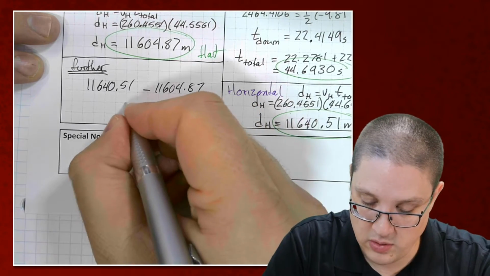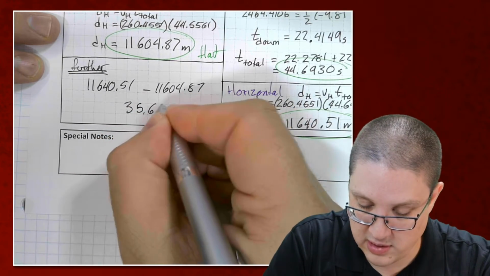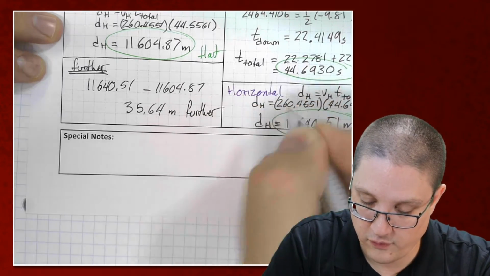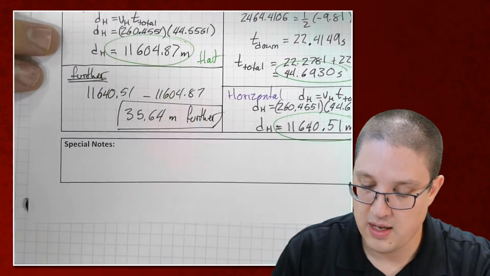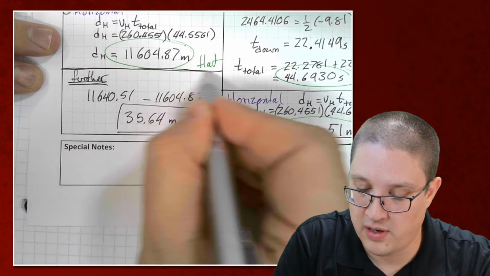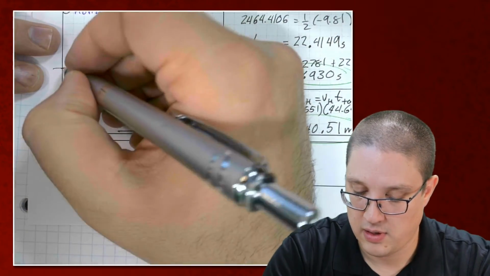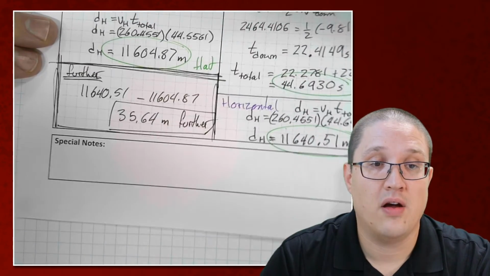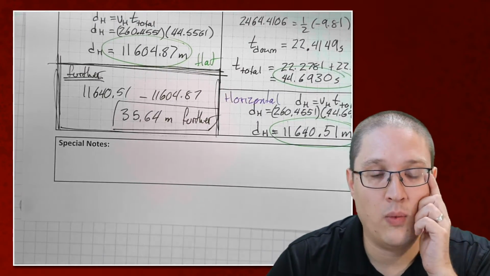And that works out to 35.64 meters further. So this here is my very last step in this box here, figuring out how much further it went on the hill.